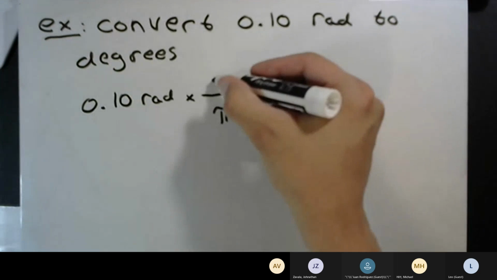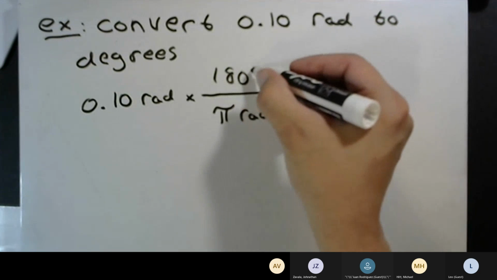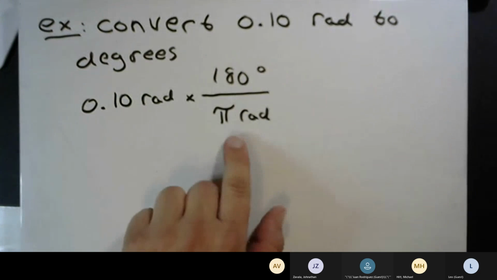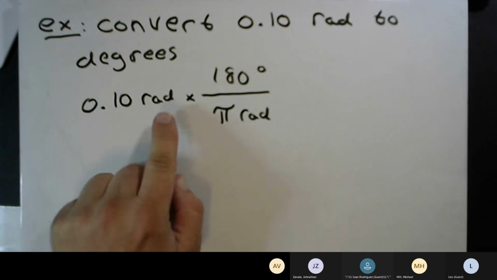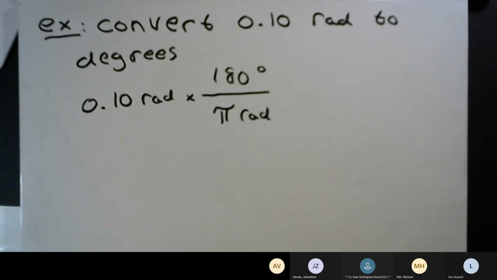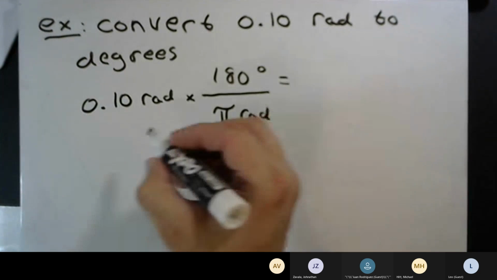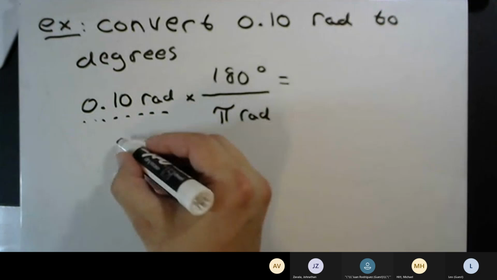So now we're going to do 180 degrees over pi radians. Because we want radians to cancel, we want degrees to remain. We've got our little invisible one here.